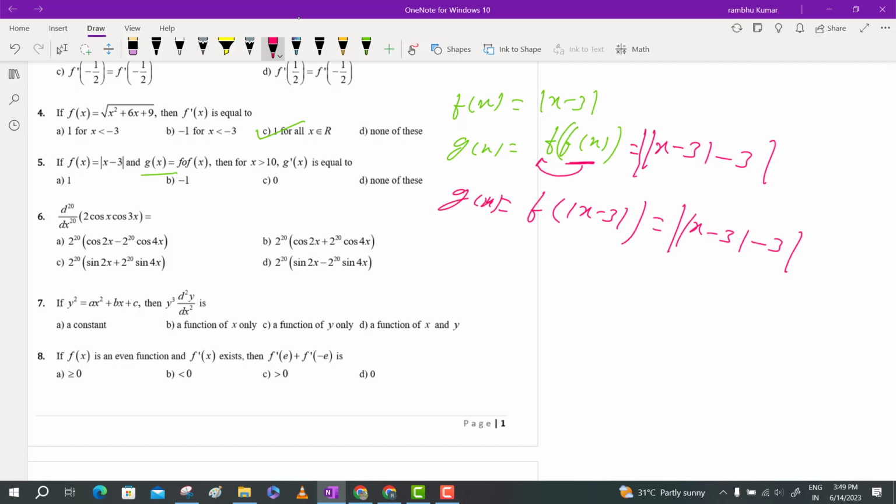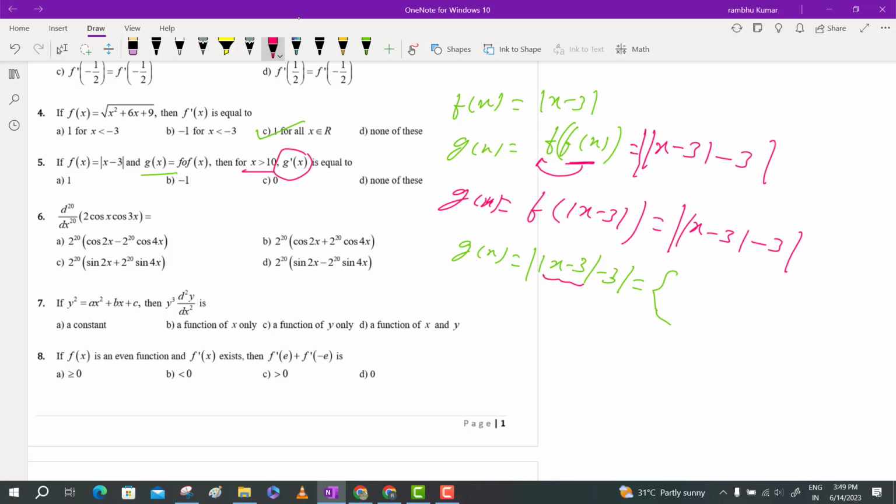So now see here, this is your g of x. In the question they have given the condition that when x is greater than 10, we have to find the g dash x. Okay. Now let's say g of x is equal to mod x minus 3 mod, which is nothing but you will get a function. Now consider this particular function, this one.